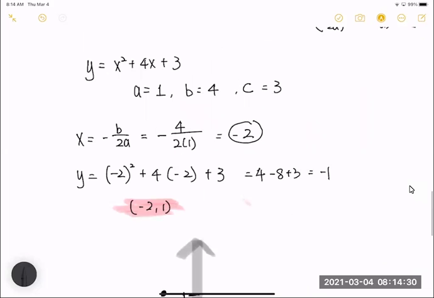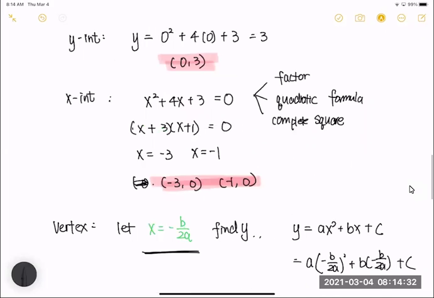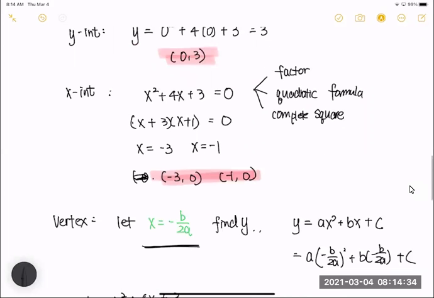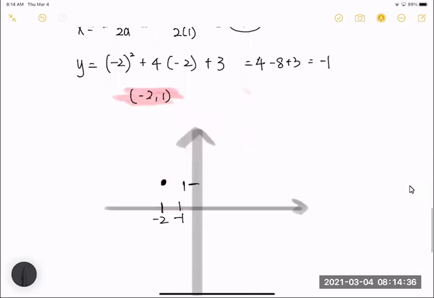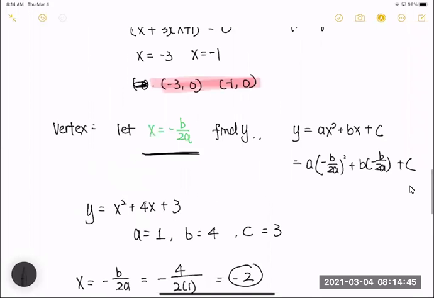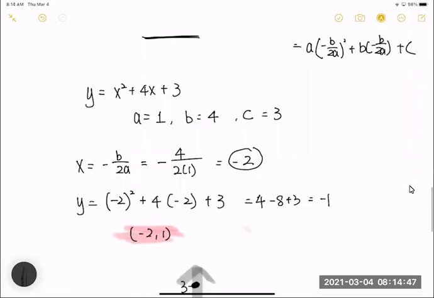And then we have a y-intercept 0 and 3. That's the y-intercept. And then we have x-intercepts negative 3, 0, and negative 1, 0.